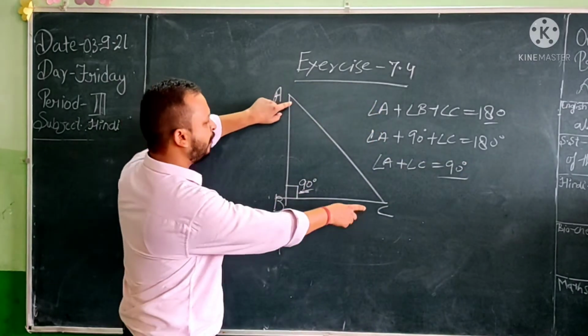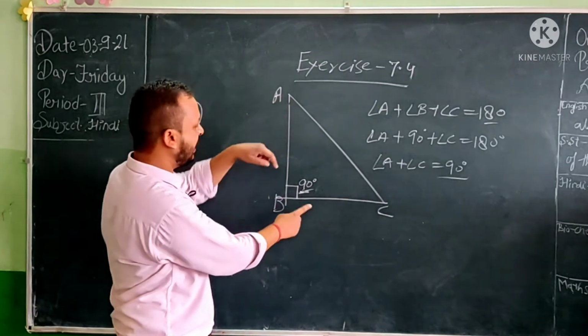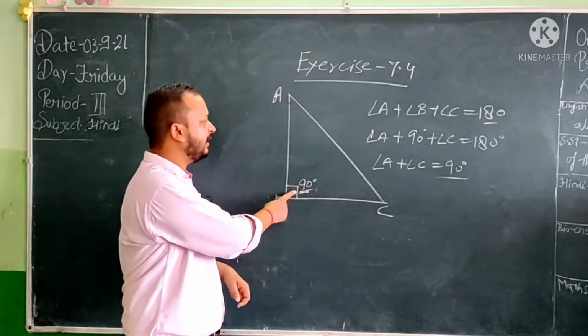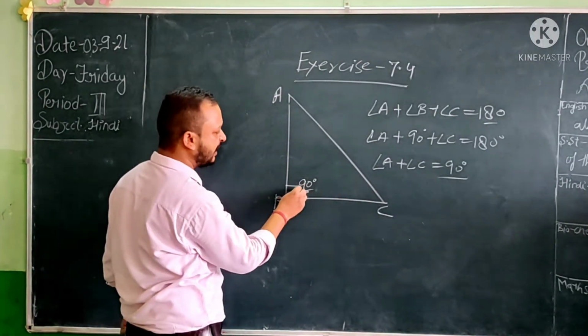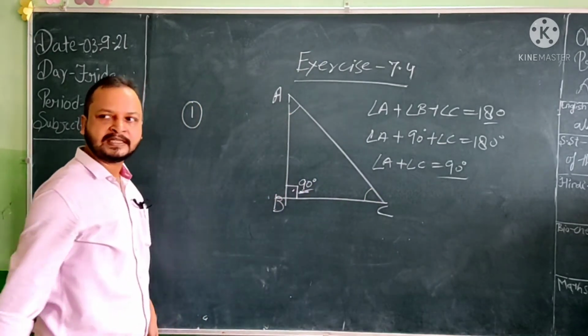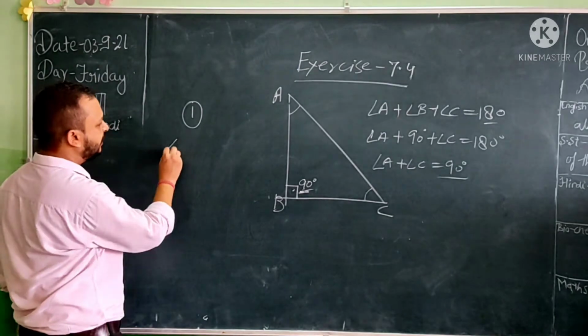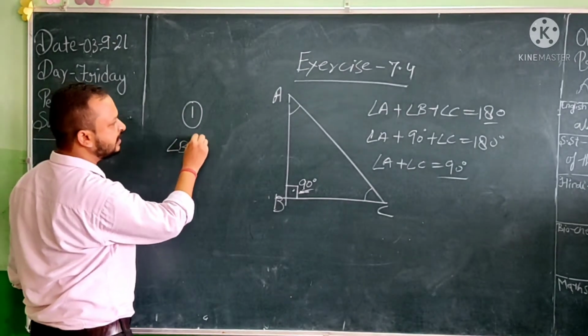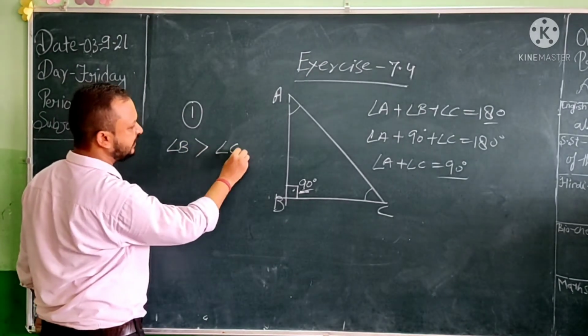It means the sum of these two angles is 90 degrees and this angle is 90 degrees, so this angle is bigger than this angle as well as this angle. So here angle B is greater than angle C.